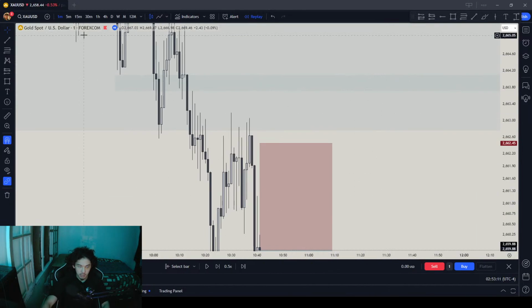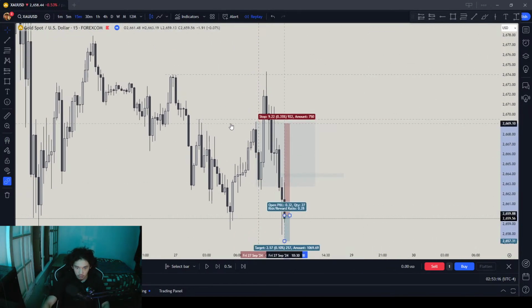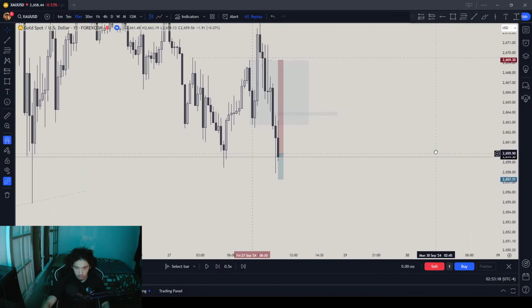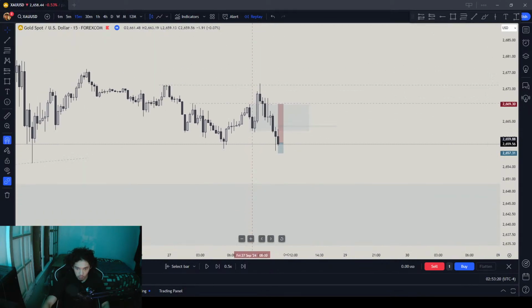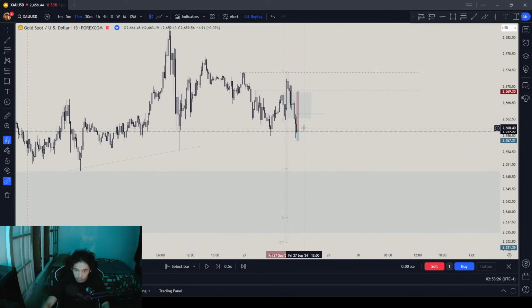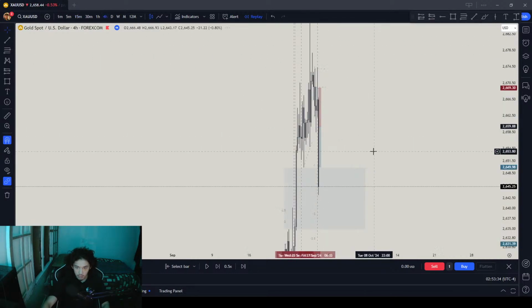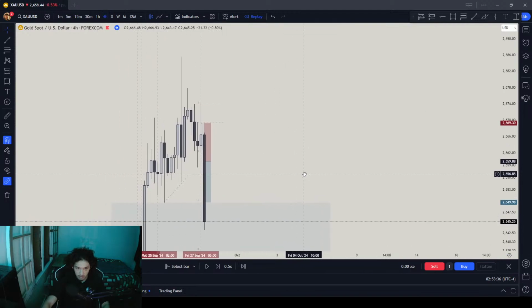We're looking to put our sell stop at the 15-minute order block because we got a candle closure below. The final take profit is going to be here because it aligns with the overall general liquidity. The market did take out buy side liquidity on the 4 hour time frame.